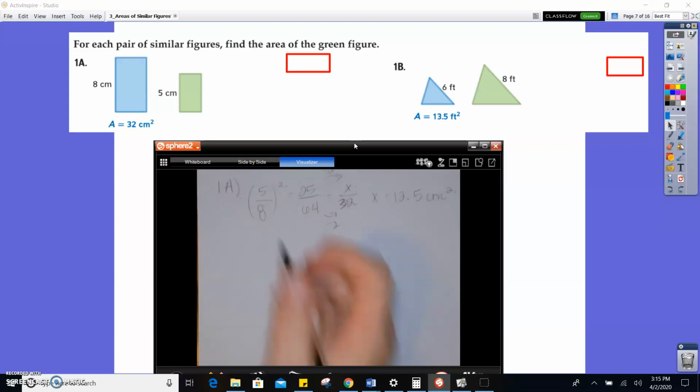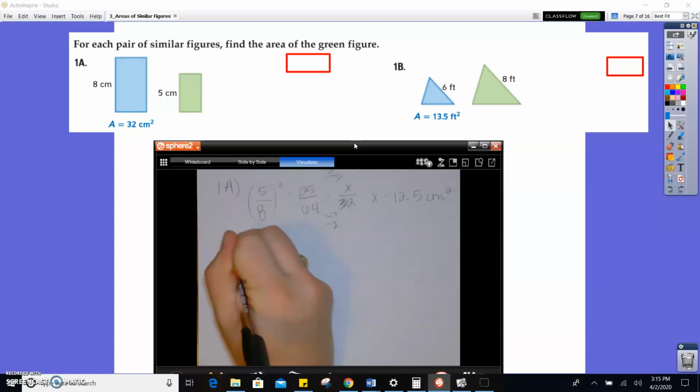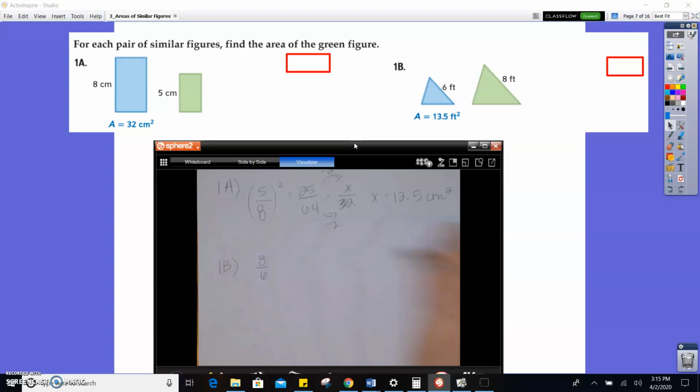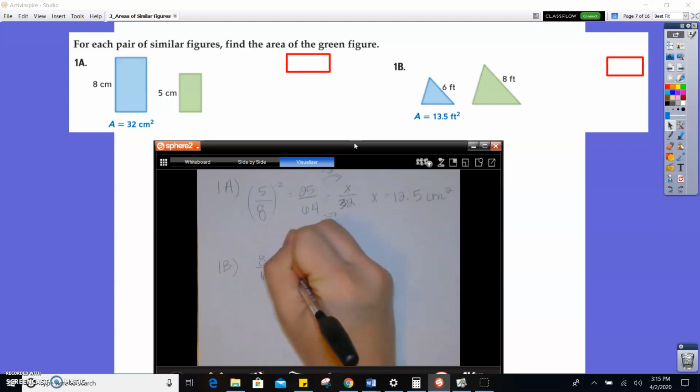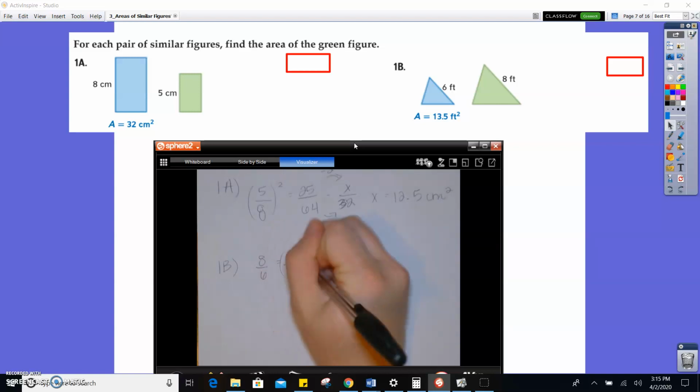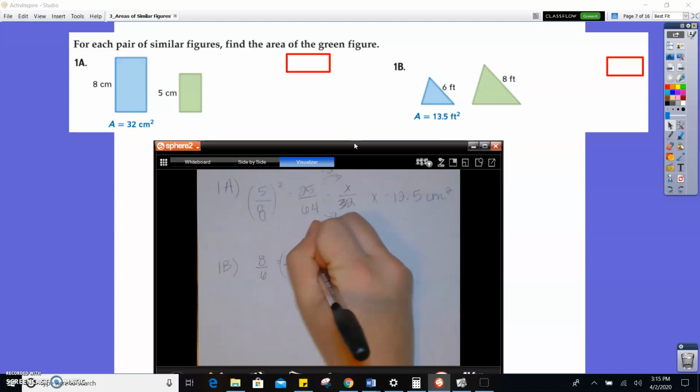So now we're going to look at 1B, and we're going to set it up the same exact way. So 8 over 6 represents my scale factor. I'm going to go ahead and simplify that to 4/3 just to work a little bit smarter and with smaller numbers. And again, since we're looking at area, I will square that scale factor to give me 16 over 9.